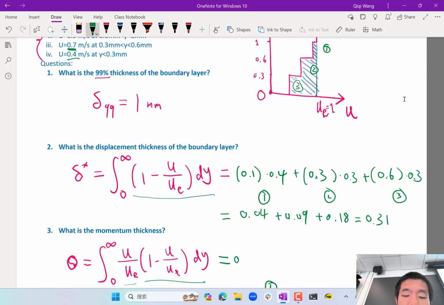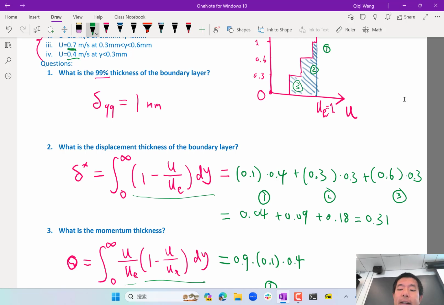So we get another 0.9 times this 0.1, which is in the same parentheses, and times the thickness of the layer, right? Is it clear where these three numbers come from? The first number is u over ue. The second number is 1 minus u over ue. The third number is the length of the integral dy, for the first layer.